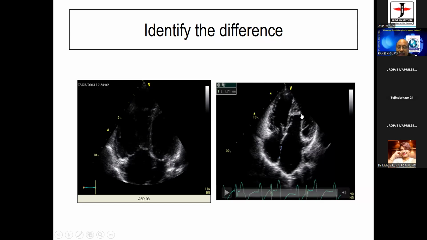Yes. Here atrioventricular discordance has happened. Despite atrioventricular discordance, if my pulmonic artery arises from here and the aorta arises from here, it's TGV, transposition of great vessels with atrioventricular discordance. If my pulmonic artery arises from the other side and the aorta arises from here, then it's congenitally corrected transposition of great vessels.